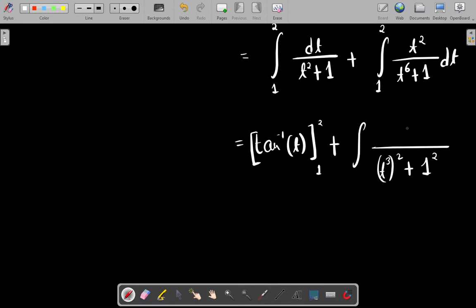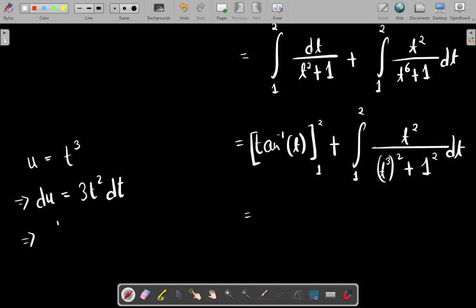Then if we take t cube equal to u, with the substitution u equal to t cube, du will be 3t square dt. So du upon 3 will be t square dt.